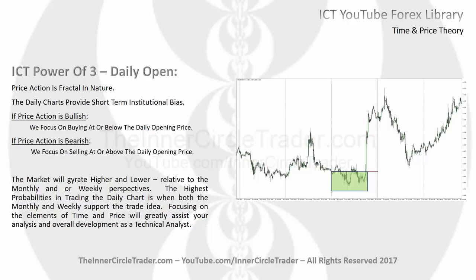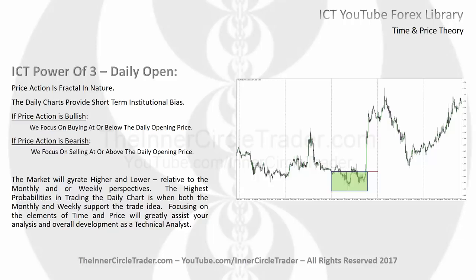I am in no way, shape, or form trying to promote the idea that you can find a setup yourself every single trading day. I've been doing this for 25 plus years, and it takes a lot of effort and experience to get to that level. And I'm sometimes wrong too, but many of my new students will see that and they'll say, well, I'm going to do the same thing. And I'm not trying to promote that idea.